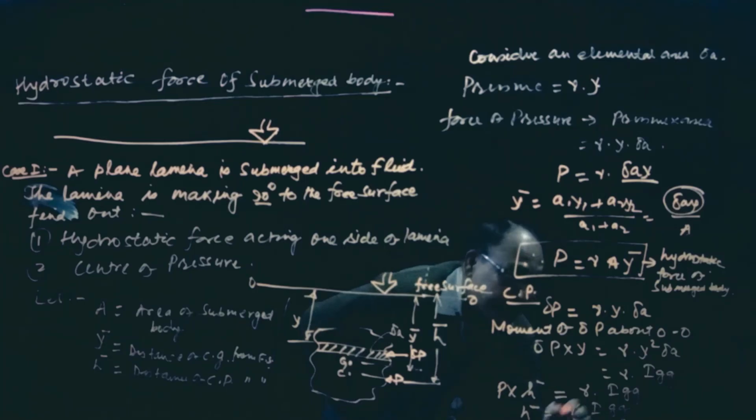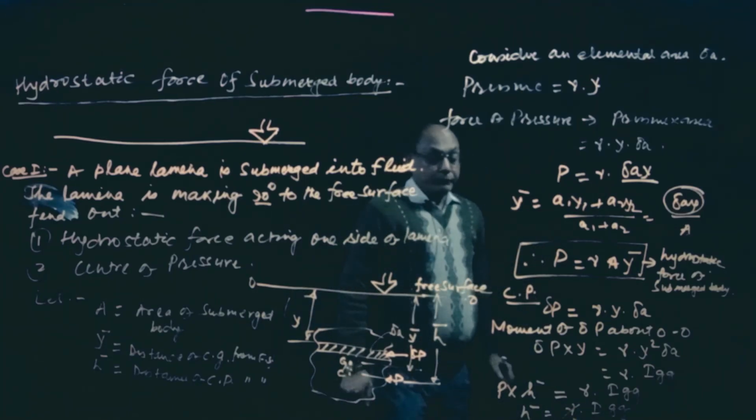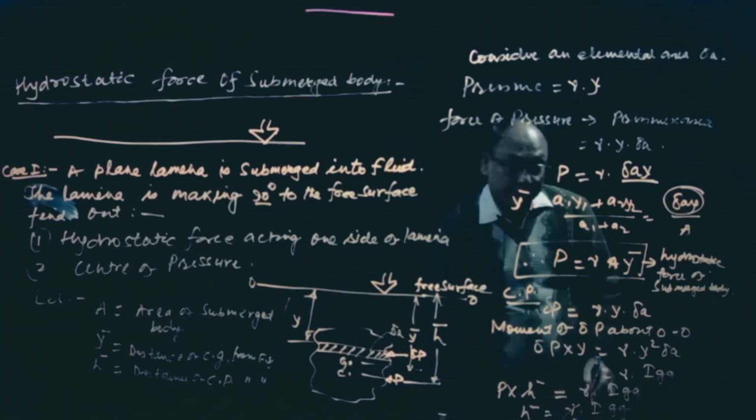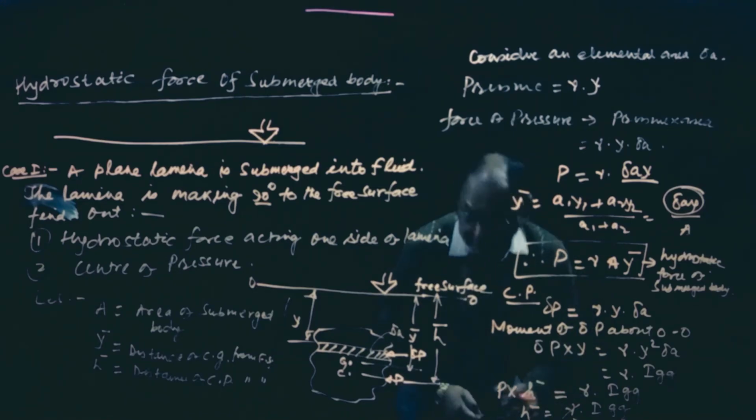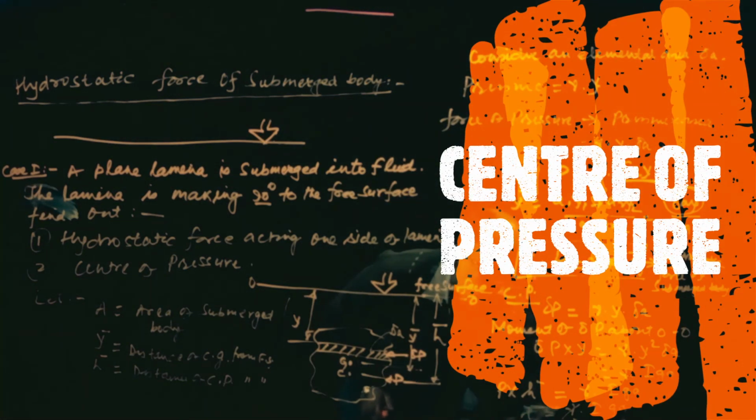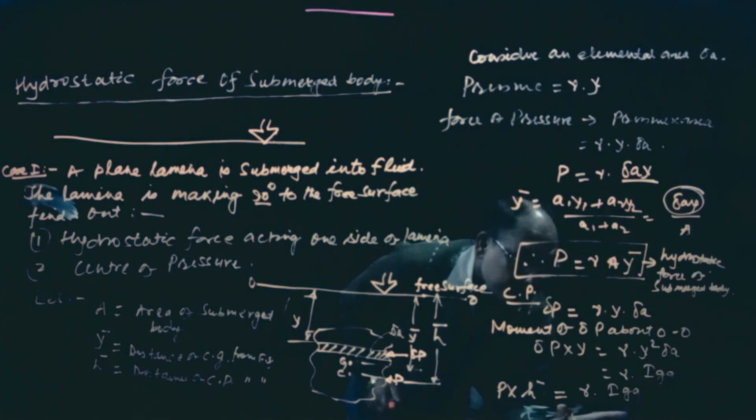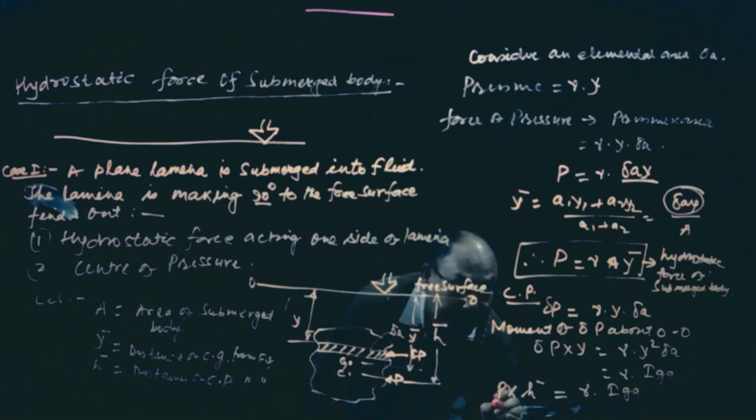So this gamma will get cancelled. Now what will happen? Better to write here, space is less here. So see here, P is equal to A Y bar gamma, into H bar will be equal to gamma into IG.